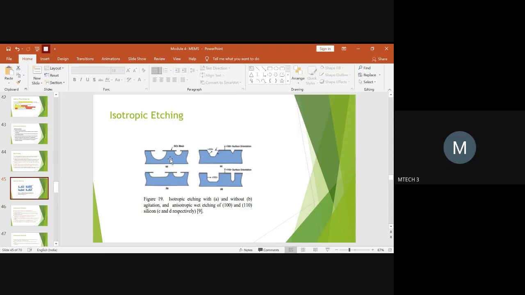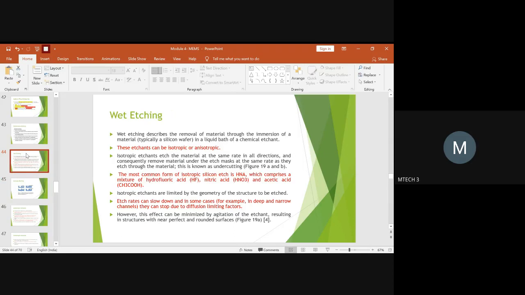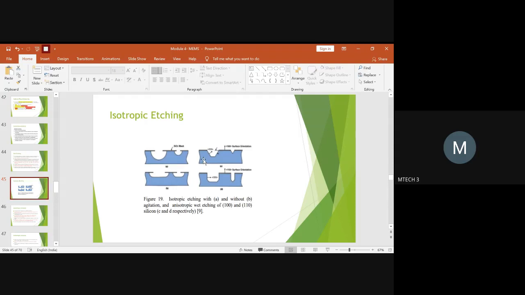Is it regular etching? Is it with agitation? Is it anisotropic wet etching of different planes? This is what you have to understand. I have just given this for your more in-depth reference, and the information was supposed to be given to you all already.